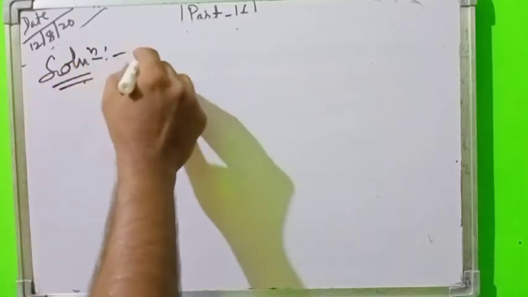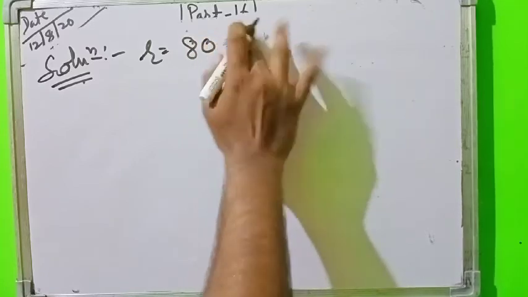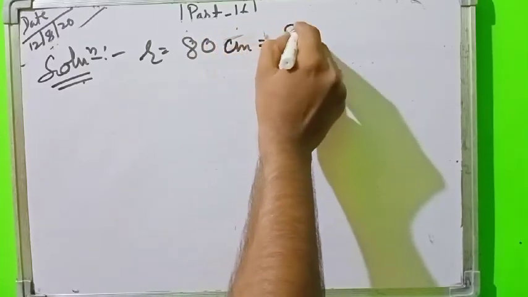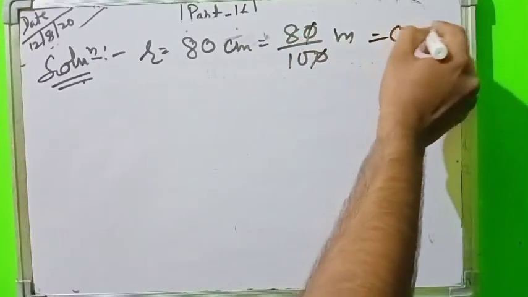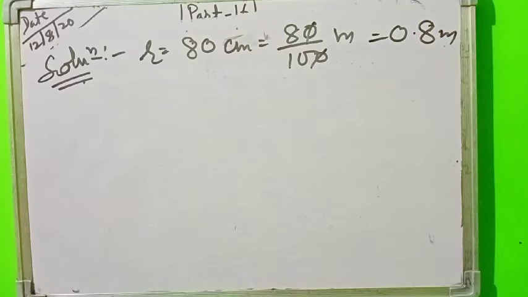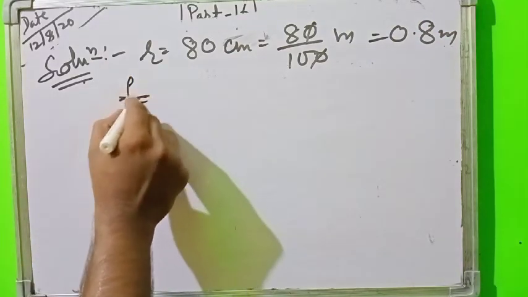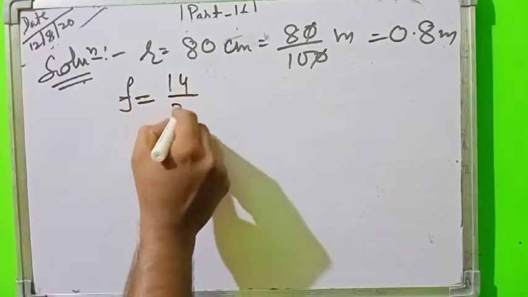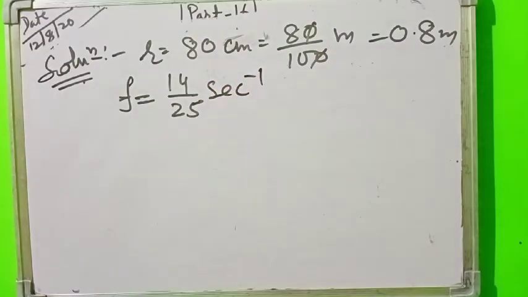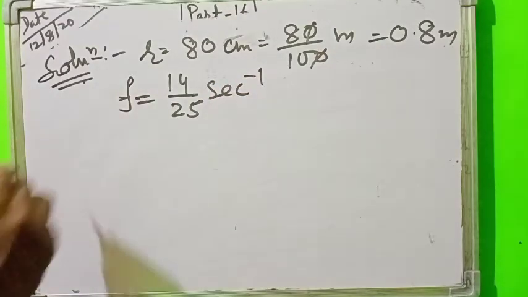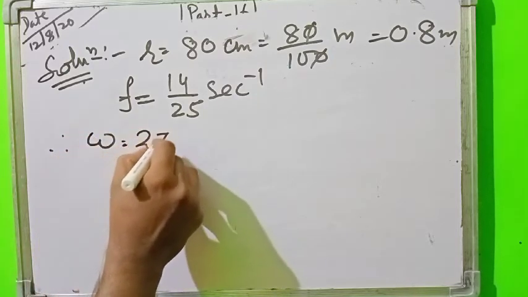Here R is given, that is equal to 80 centimeter, meaning 80 upon 100 meter, that is equal to 0.8 meter. Radius is given as 0.8 meter, and frequency is 14 upon 25 second inverse. So we can calculate omega, that is angular frequency, which is equal to 2 pi f.